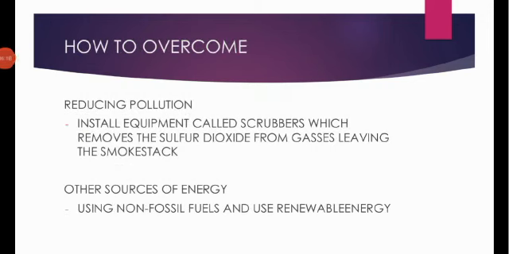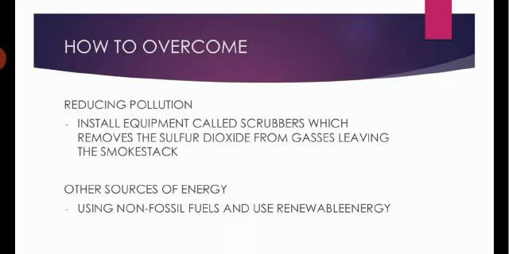Next, we're going on ways to overcome this acid rain. So the first solution that we can come up with is by reducing the pollution. Elaborating on this, we must first install equipment called scrubbers, which remove the sulfur dioxide from gases leaving the smokestack.